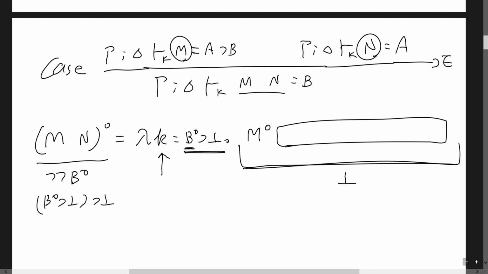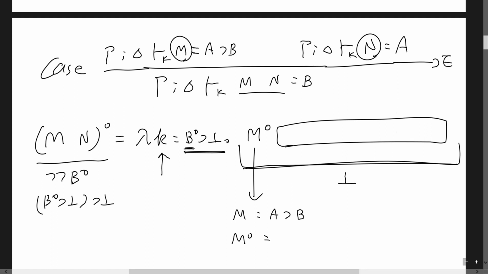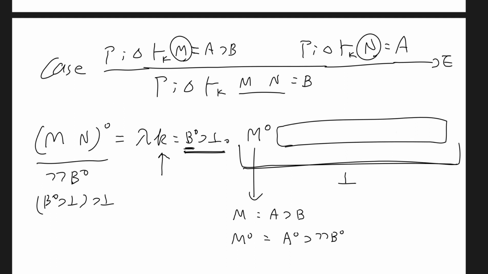M has a type A implies B. So M circle has a type A circle implies double negation B circle. Oh, sorry, this is double negation.